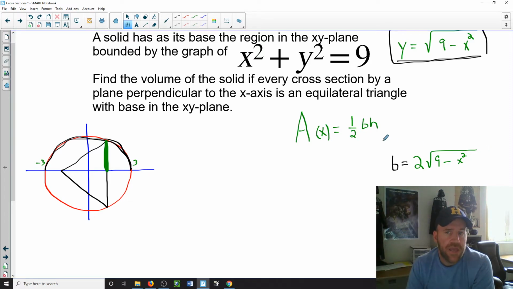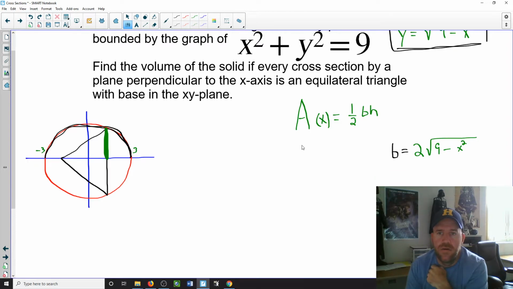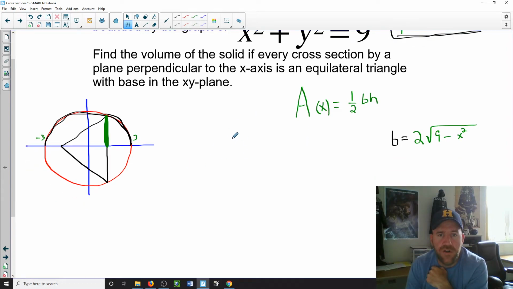Now we need to figure out h. This, again, is a little challenging, especially if we have a hard time remembering our trig. So I'm going to draw a triangle that is equilateral. We know that these angles are always 60 degrees, all three of them, because 3 times 60 is 180.